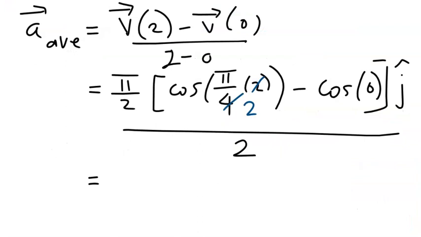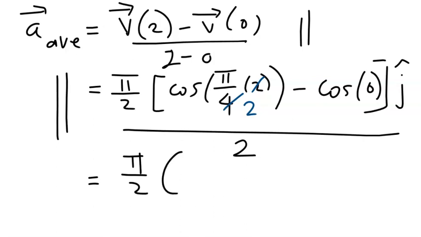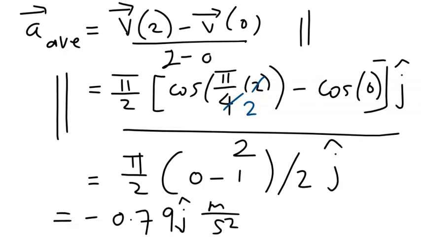The average acceleration can be determined from the definition as shown. Substituting the expression for the instantaneous velocity at 2 different times, we end up getting this step, and finally you get the following. So 0 minus 1 over 2 j hat, which is minus 0.79 j hat meter per second squared.